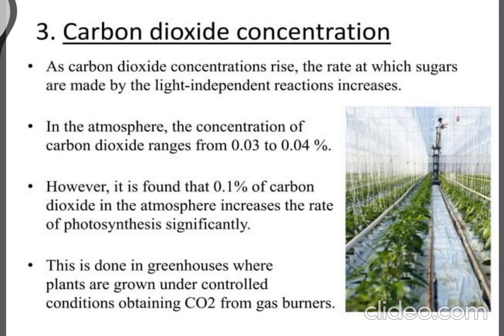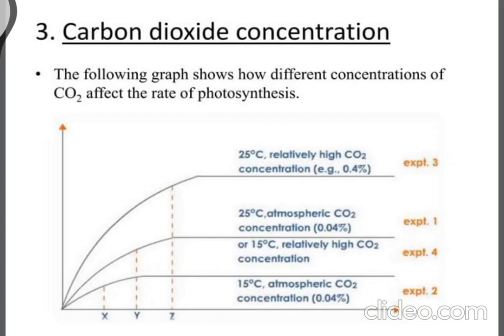So as carbon dioxide concentration rises, the rate at which sugar is made by the light independent reaction increases. The following graphs show how different concentrations of carbon dioxide affect the rate of photosynthesis.